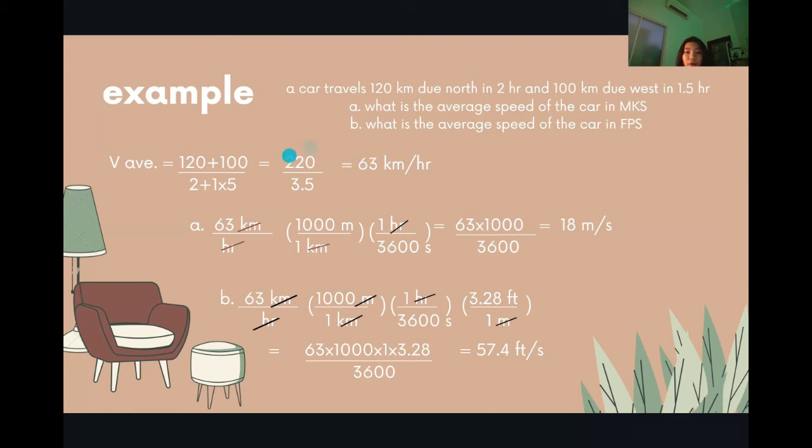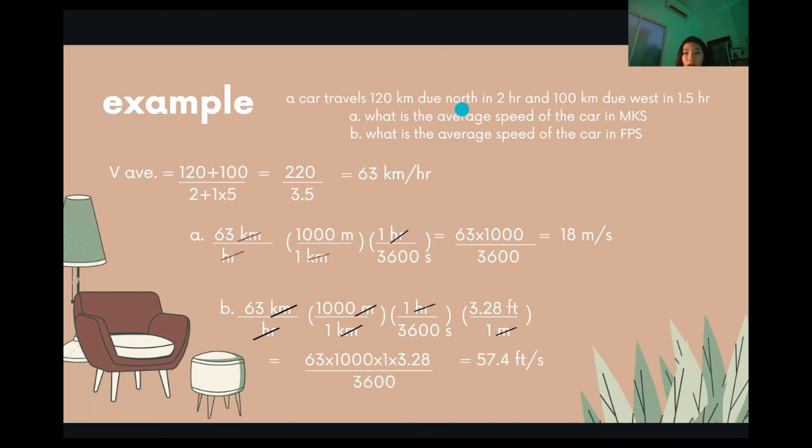Last example, a car travels 120 kilometers due north in 2 hours and 100 kilometers due west in 1.5 hours. What is the average speed of the car in MKS, and what is the average speed of the car in FPS? And now we're going to find the average speed.